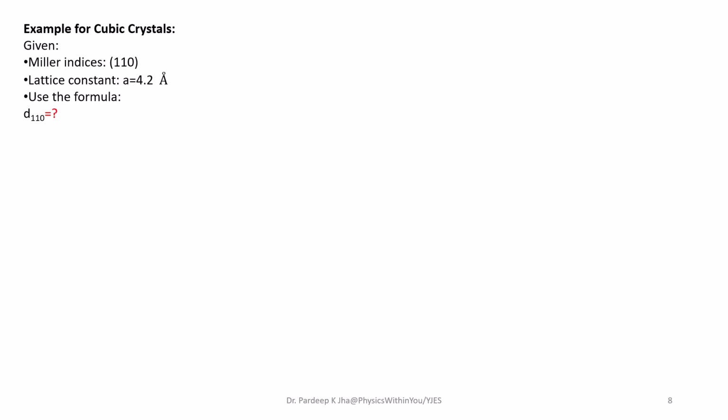Let's apply it on a numerical case where the Miller indices are given to you. It is 110 and the lattice constant is given. You can get the answer by using this formula. If you don't understand this relation, you can see it from here.